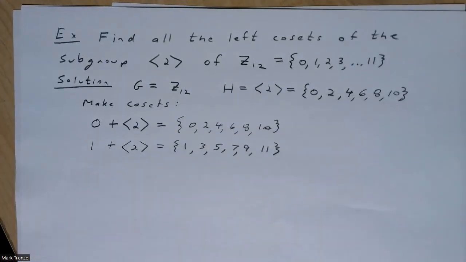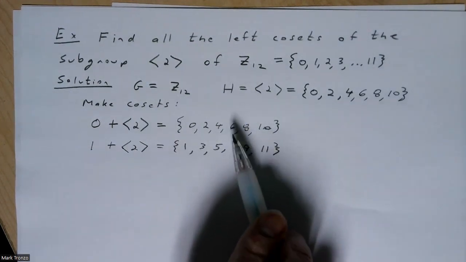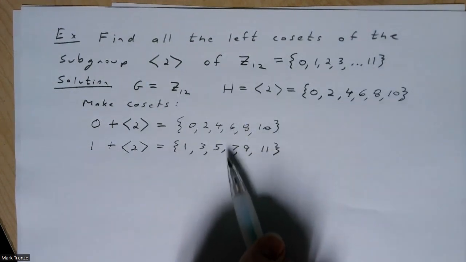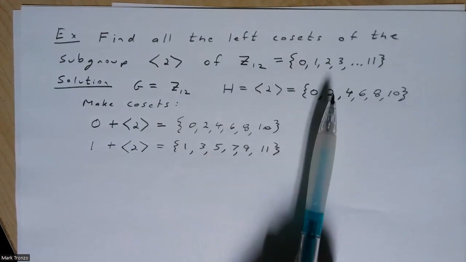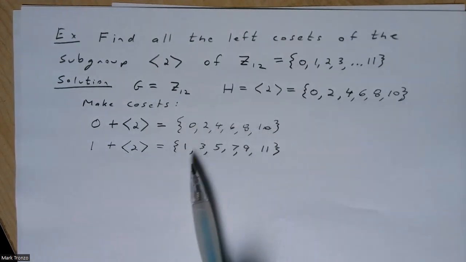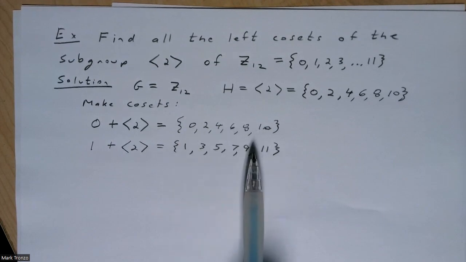Now notice we can probably stop right here because these 2 cosets have partitioned the group, because all the elements of Z12 are in one of these cosets. And so we could actually stop here.